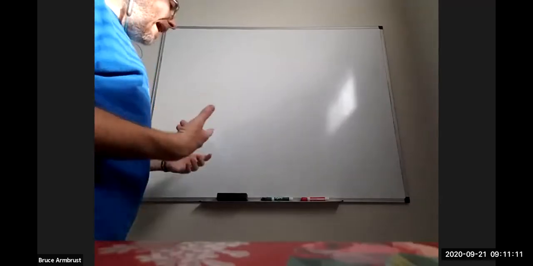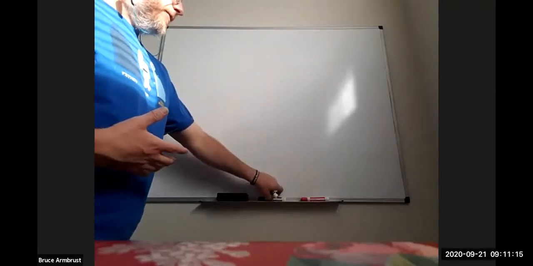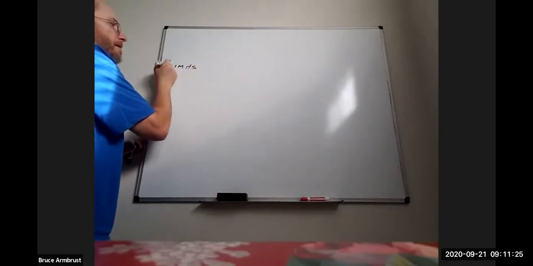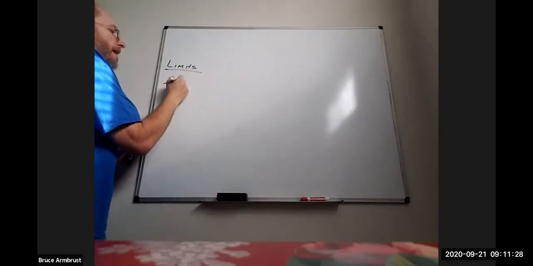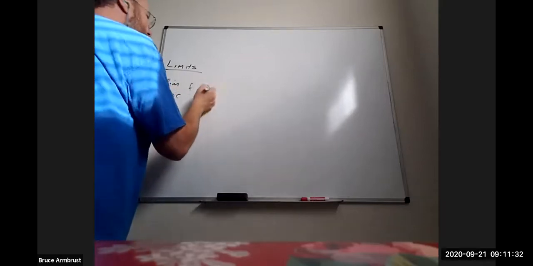All right, so last time we started talking about limits, and let me remind you what's going on with limits and what that actually means. Again, we have something like this: the limit as x approaches c of f of x.